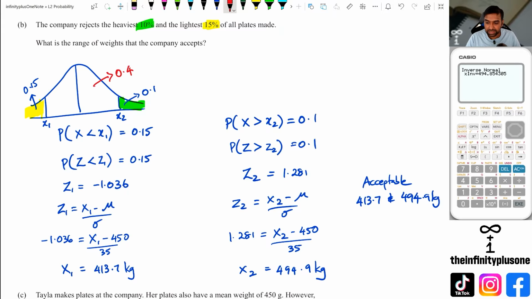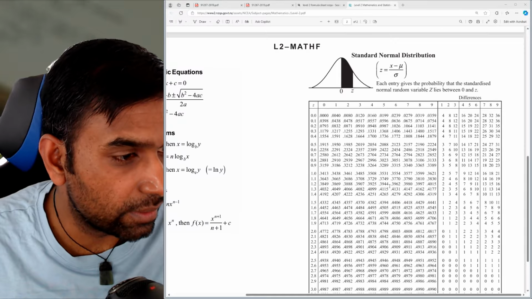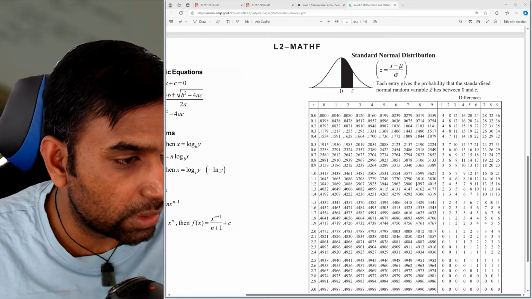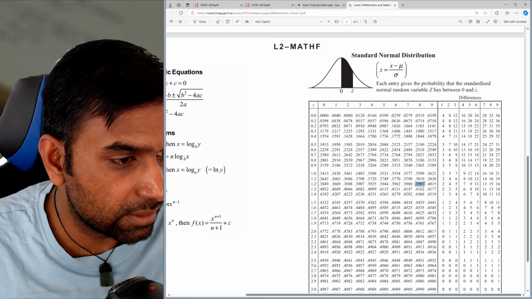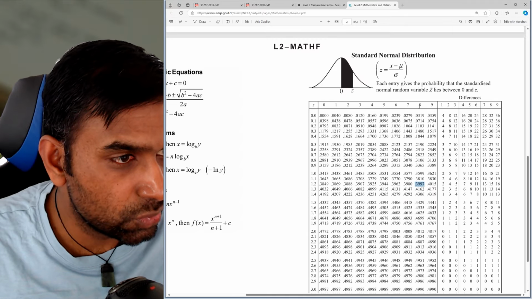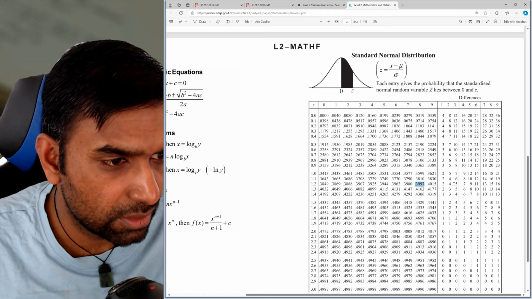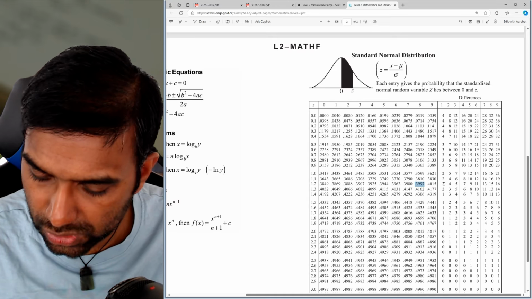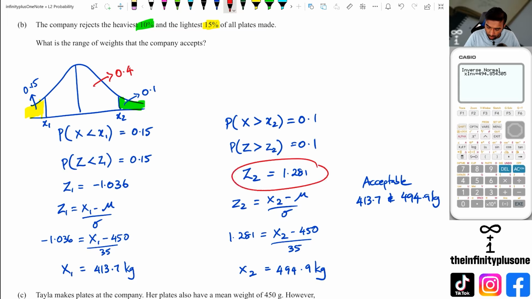So you have to go into the table and look for 0.4. And if you look for 0.4, it's somewhere here. So it's 1.281. And if you go, we've actually got 1.281 there. So that's just going backwards. It's a bit of practice, but it can be done.